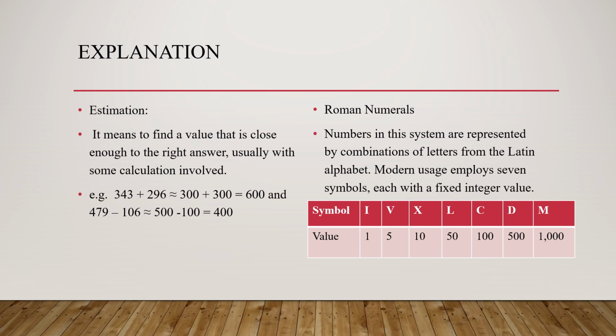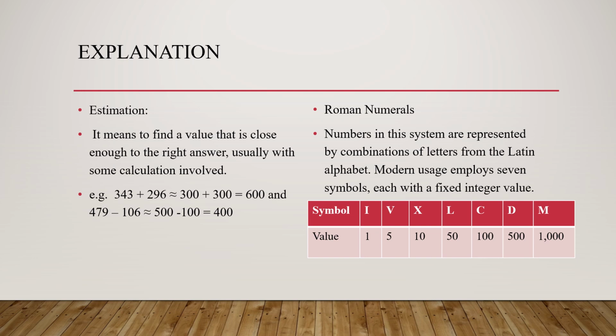So 300 plus 300 will be 600. 479 minus 106. 79 is greater than 50, so it will be rounded up to 500. And 106: 6 is less than 50, so it will be rounded down to 100. 500 minus 100 will be 400.